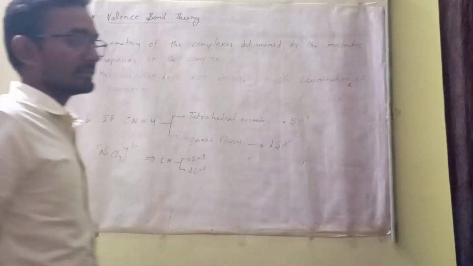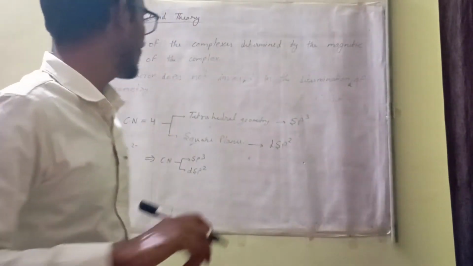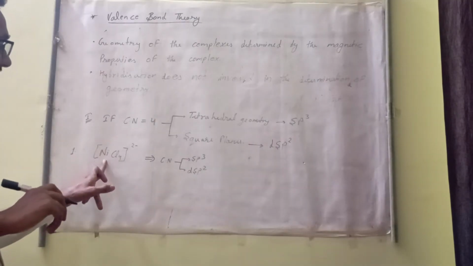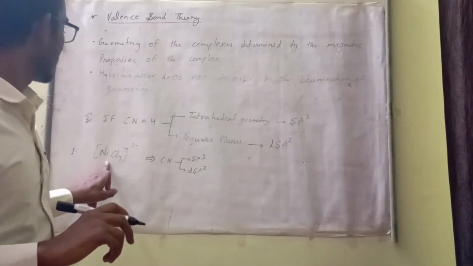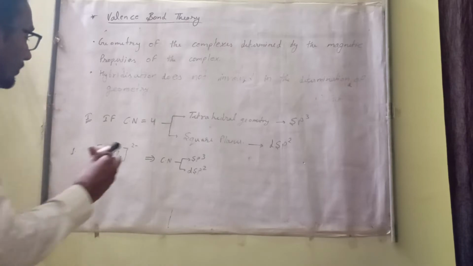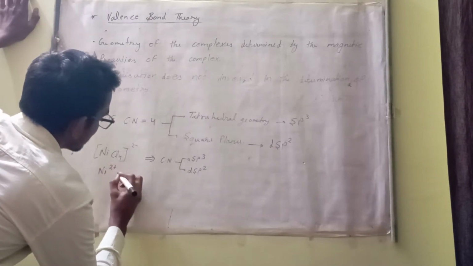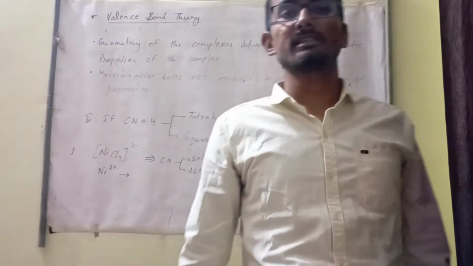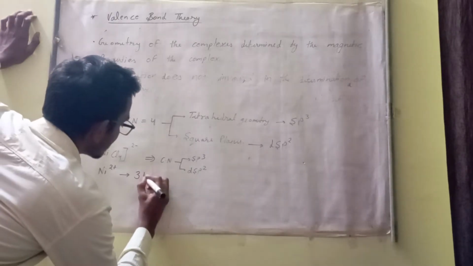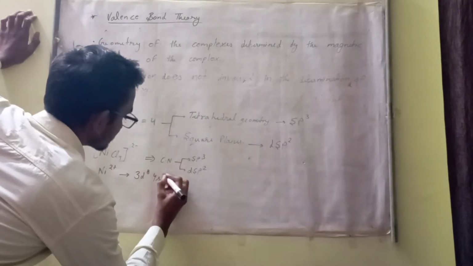We have to find whether it is sp3 or dsp2 hybridized. The oxidation state of nickel in this complex is +2, and the electronic configuration of Ni2+ is 3d8 4s0.